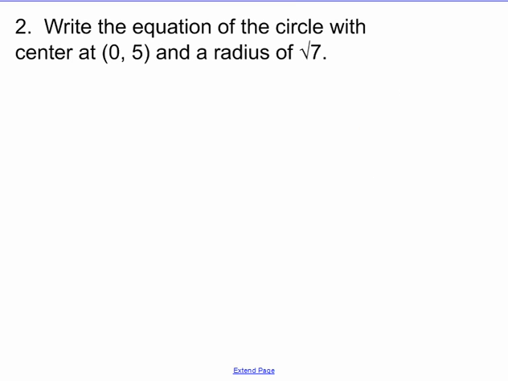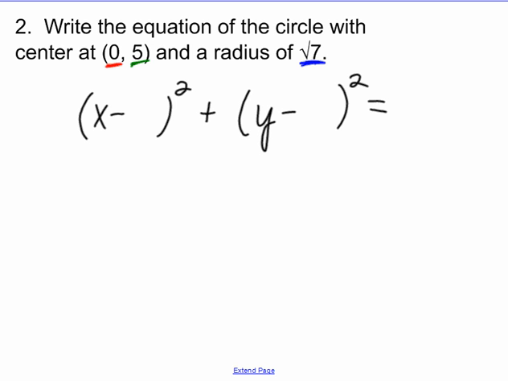We're going to write the equation of the circle with a center at 0, 5, and a radius of radical 7. Okay? Well, here's the x, here's the y, here's the radius. So, x minus squared plus y minus squared equals the radius squared. So we're just going to plug in our numbers. We've got 0 here. We've got 5 here.